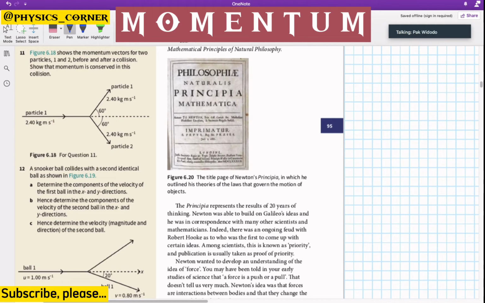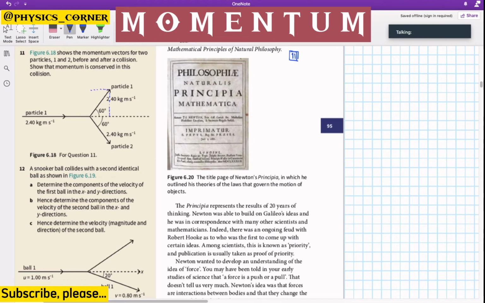All become two momentum. Okay, so we are asked to show the momentum is the same. On particle 1 and particle 2, we have separate momentum on the x and on the y.